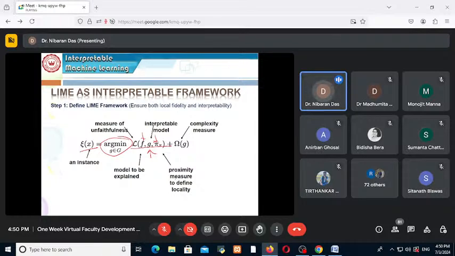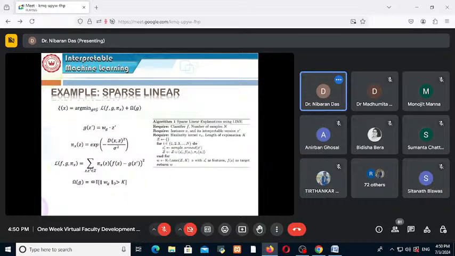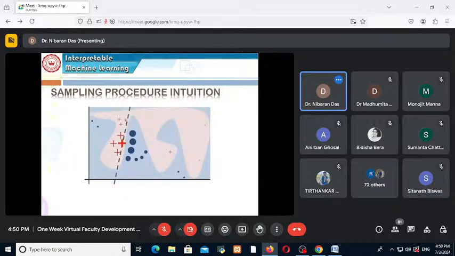Let's suppose we are considering a single sample here. Now we are making a decision with this line, and then we could make some approximation with some other, different data samples here, and we try to predict them using this classifier, because this could be easily identified by a decision tree.